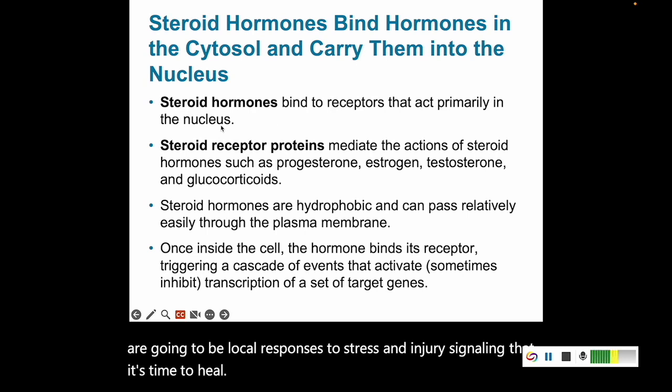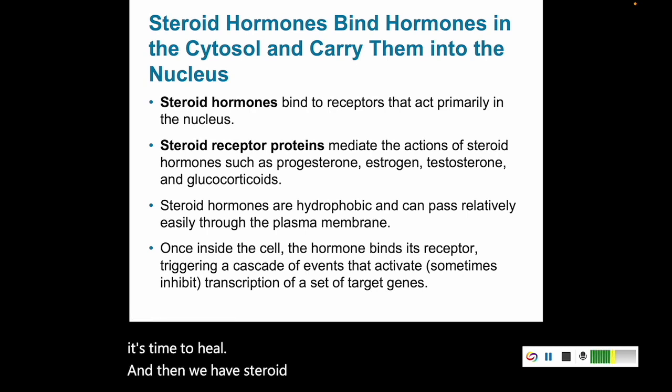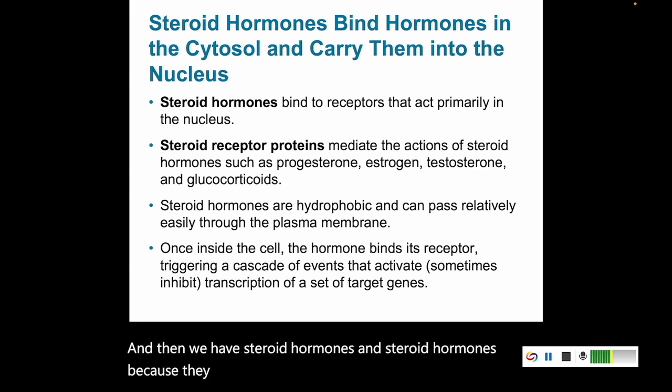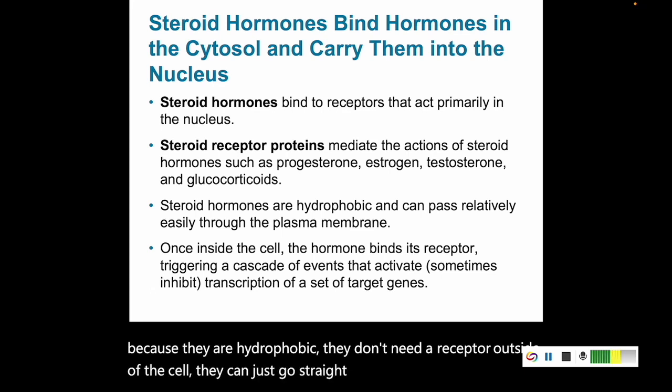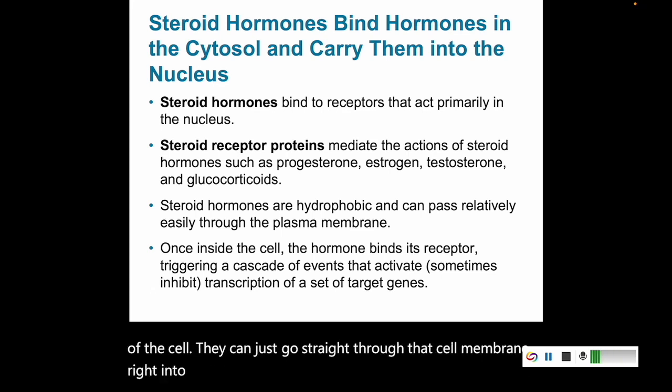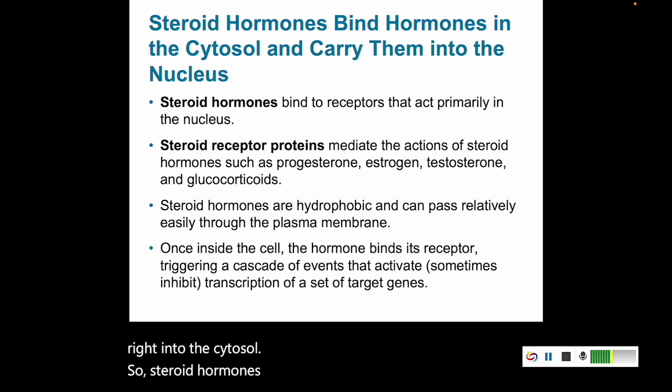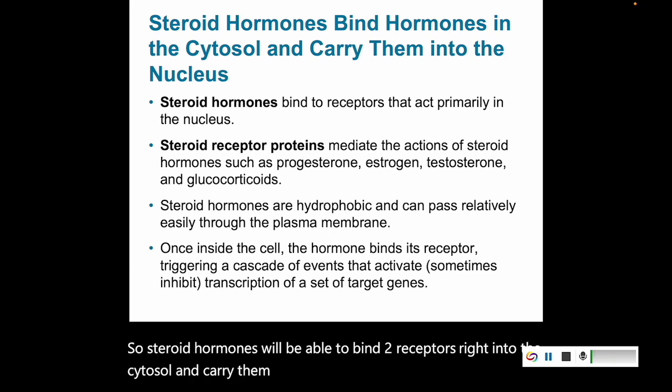And then we have steroid hormones. Because they are hydrophobic, they don't need a receptor outside of the cell. They can just go straight through the cell membrane right into the cytosol. So steroid hormones will be able to bind to receptors in the cytosol and carry them into the nucleus.